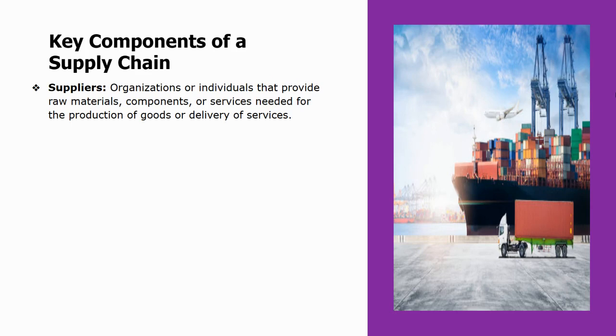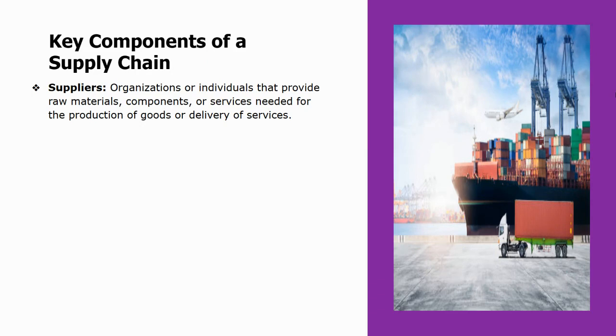Raw materials are unfinished goods. These are things that have no value attached because they have not undergone any manufacturing, any refinery, or any changes or improvement. So it is a raw material.